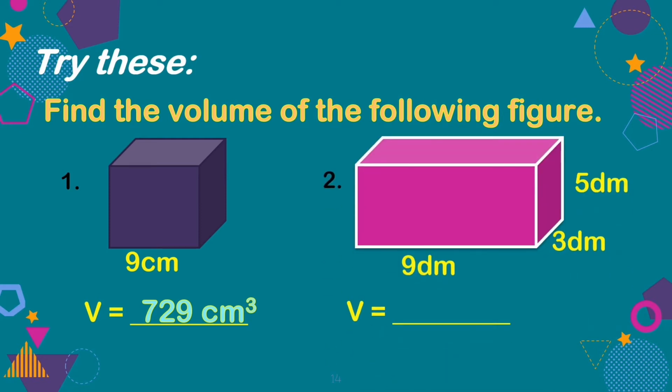Next, a rectangular prism with a length of 9 decimeter, 3 decimeter width, and 5 decimeter height. What is its volume? Correct. It is 135 cubic decimeter. 9 times 3 equals 27 times 5 equals 135.